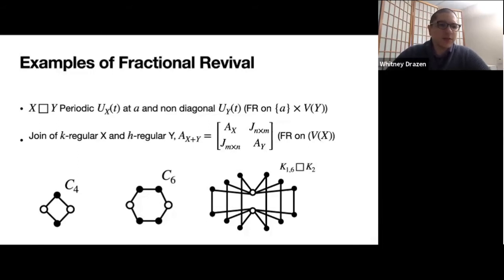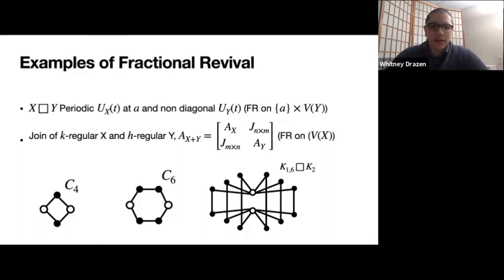And some examples of two-vertex fractional revival that you may have seen before, which come from a 2018 paper by Ada, Gabriel, Tino, Luc Vinet, and Harmony, are the cycle on 4 vertices and the cycle on 6 vertices, which it turns out are the only cycles that have two-vertex fractional revival.